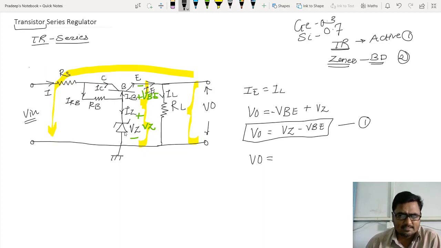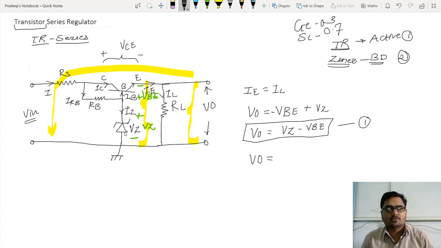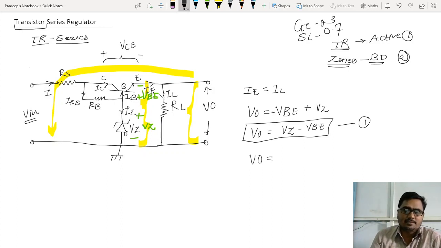Look at this voltage that I'm talking about, the voltage across collector to emitter, that is VCE. This must be positive and this is negative, that is VCE. Why? Because transistor is in active region, collector to emitter voltage has a direction of positive and negative, C to E.